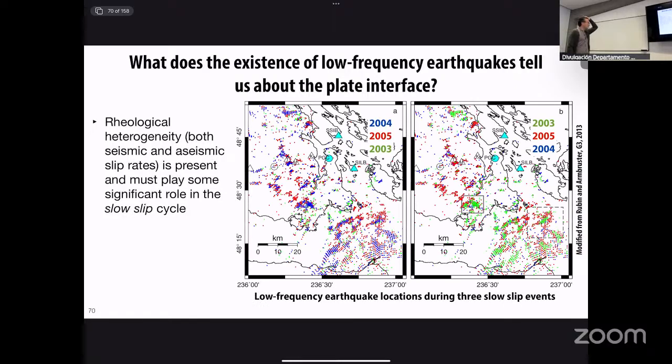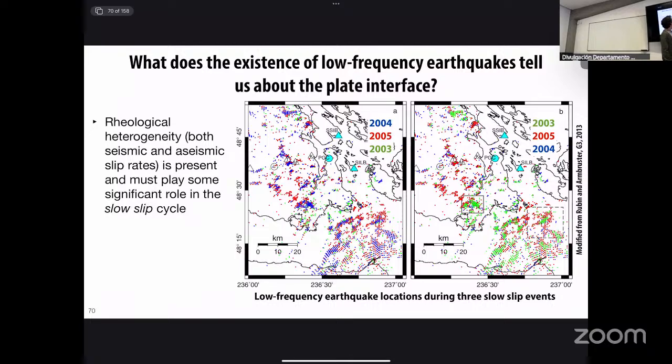So this is one of the coolest figures that unfortunately I never made. This is Alan Rubin and John Armbruster from a paper in 2013. And they're showing you the exact same data twice. The only thing that's different between these two panels is they just change the order in which the colors are plotted.